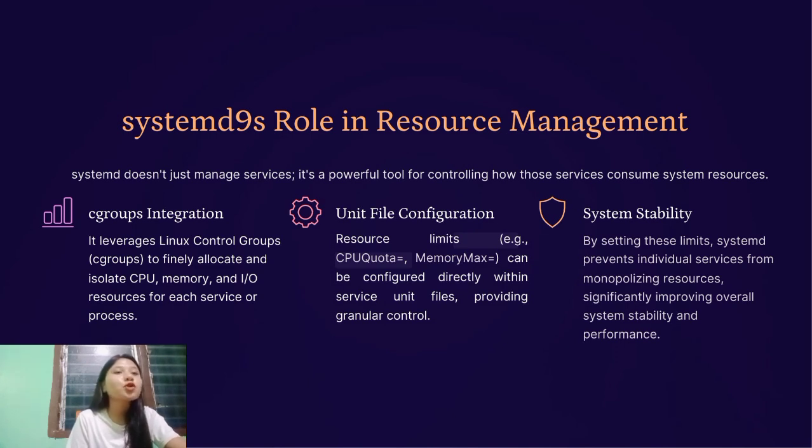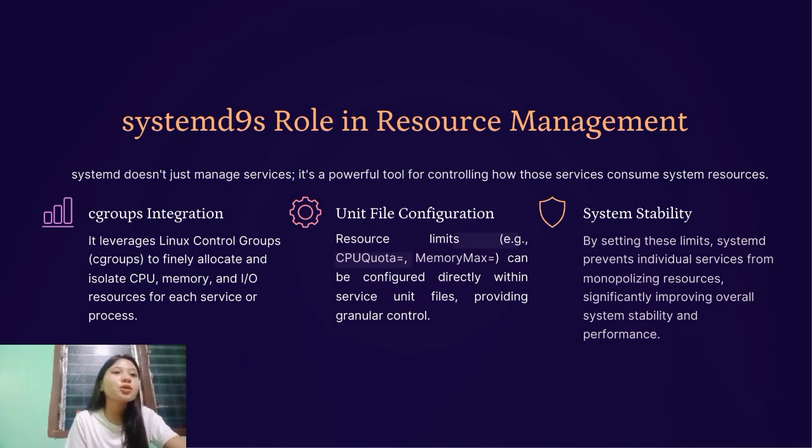It's a powerful tool for controlling how those services consume system resources. In cgroups integration, it leverages Linux control groups, or cgroups, to finely allocate and isolate CPU, memory, and I/O resources for each service or process.